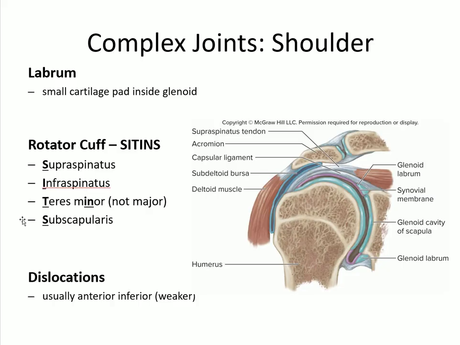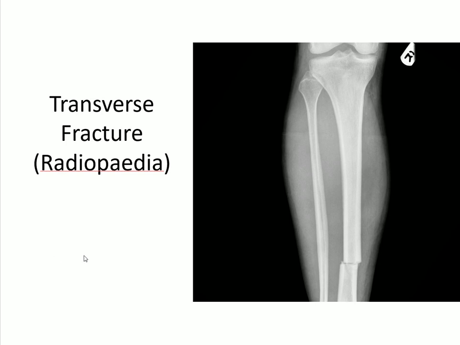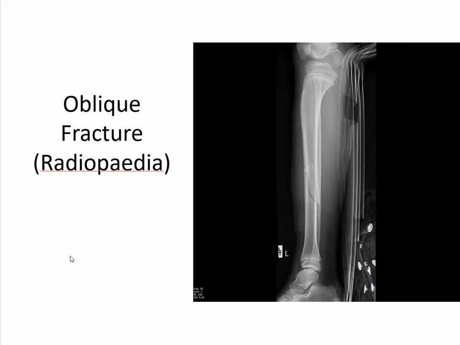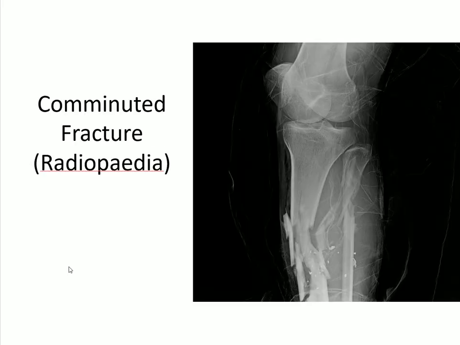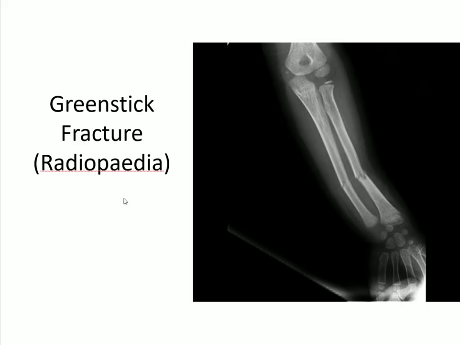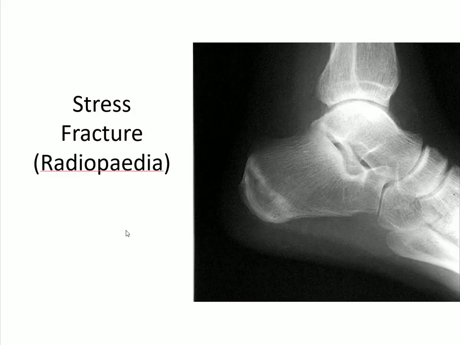A little refresher now on fractures and other injuries. So you guys remember a transverse fracture right there? This is just from our last lecture. Oblique fracture right there. Comminuted fracture, you can kind of see where all of that is happening. Greenstick fracture right there where it doesn't go all the way through.